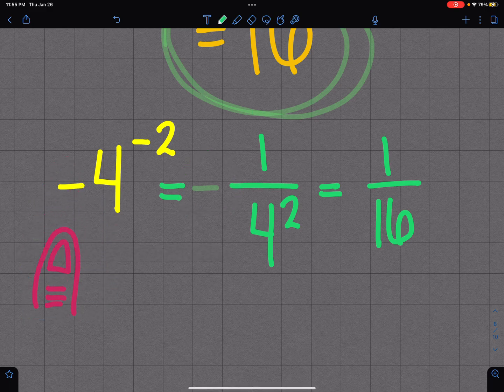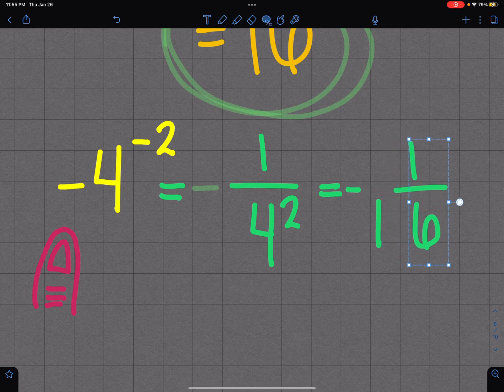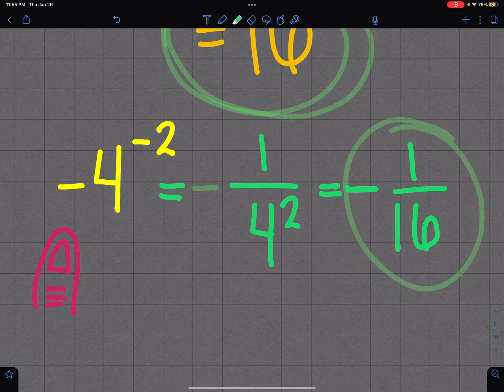And so the answer here is negative 1 over 16, or the opposite of 1 over 16. So this is the final answer. Okay. Ooh, this is crazy, isn't it?